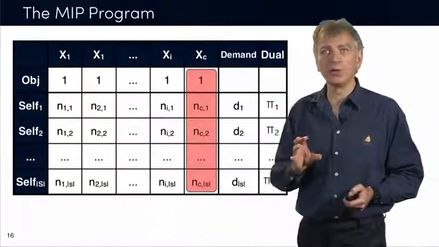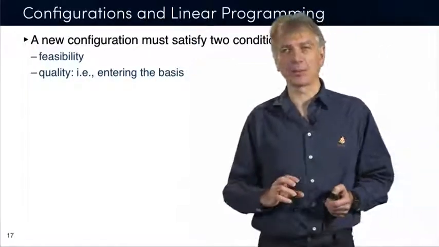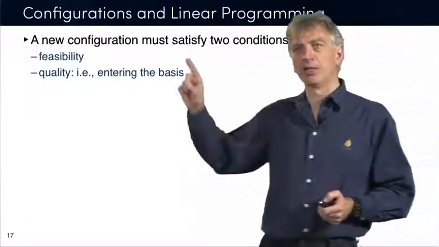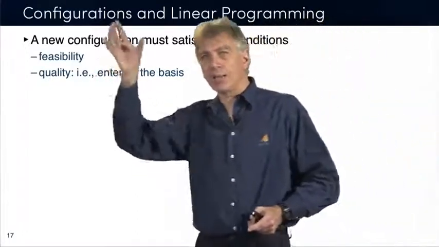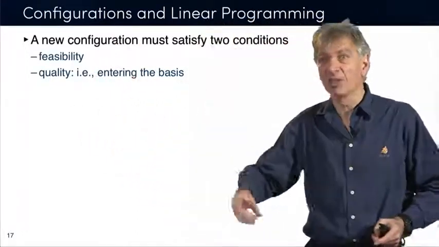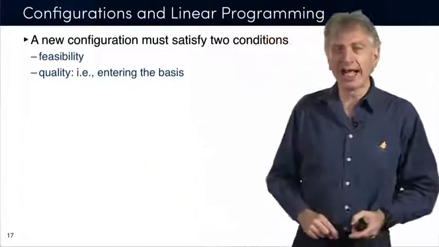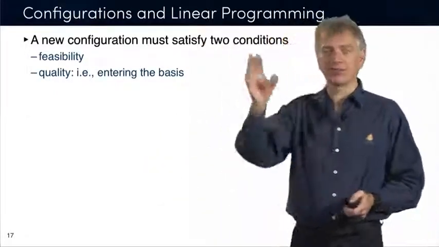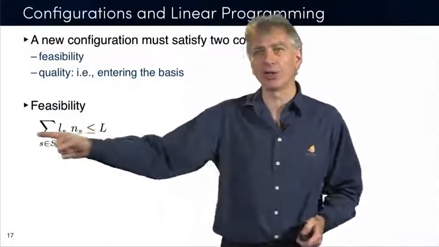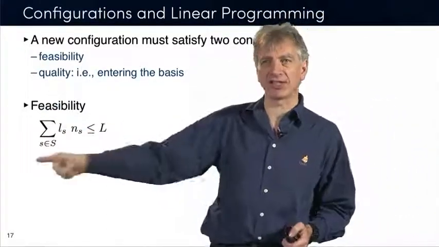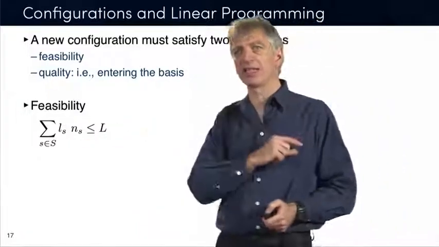So what I'm really doing here is solving an optimization problem, right? I want these two conditions. I want a valid cutting of this board, and I want that particular cutting, that particular column, to enter the basis as soon as I put it inside the simplex tableau. So the feasibility is what I told you before. I told you that we could generate billions on billions. They have to satisfy this constraint, which basically means that the cutting is valid.